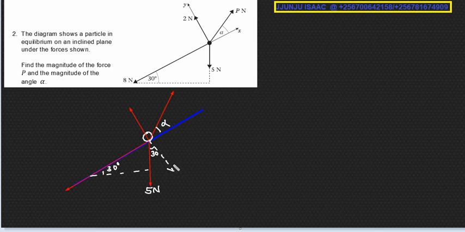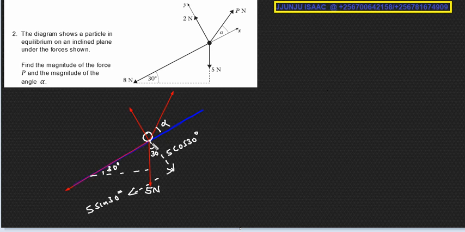So I have this side and I'll have this side here. So resolving this 5 Newton, I have 5 cos 30 degrees, and I have this one which is opposite, so 5 sin 30 degrees. So this is the 5 newtons which is in this direction.